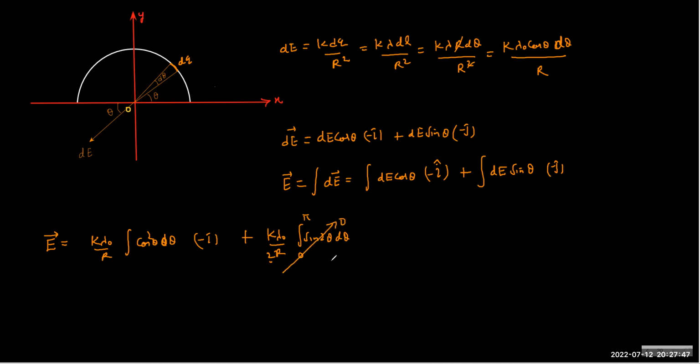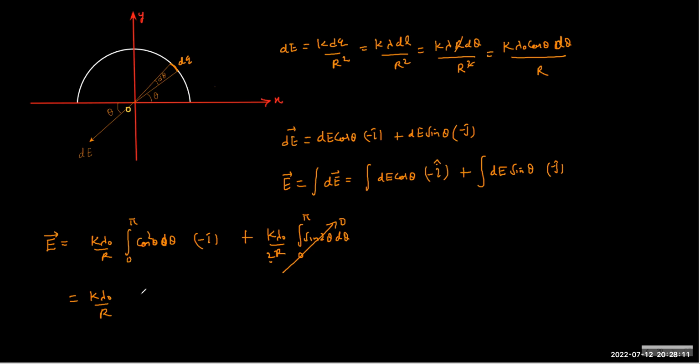For the obvious reason, the time period of sine 2 theta is pi. Correct? In one time period, you have 0 oscillation. I hope you understand the area under the curve. It will be equal to 0. Now this part is cos square theta from 0 to pi.